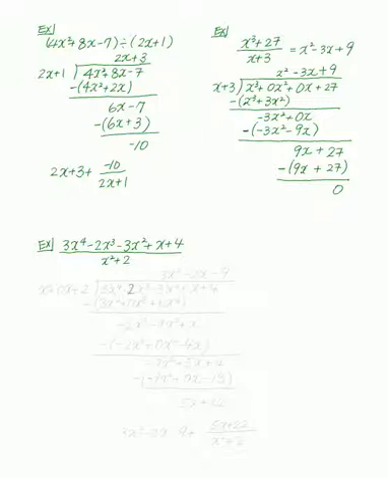Notice in the bottom I'm missing the x term, so I will need to fill that in with a 0 term. So I have x squared plus 0x plus 2 on the outside. And underneath I'll have the 3x to the 4th minus 2x cubed minus 3x squared plus x plus 4.